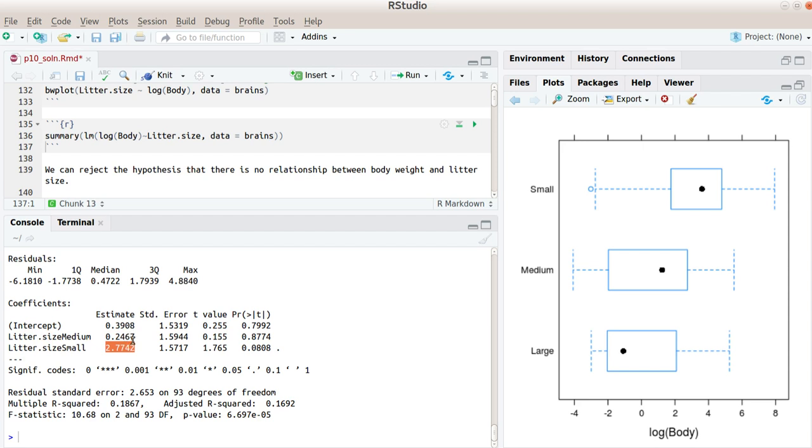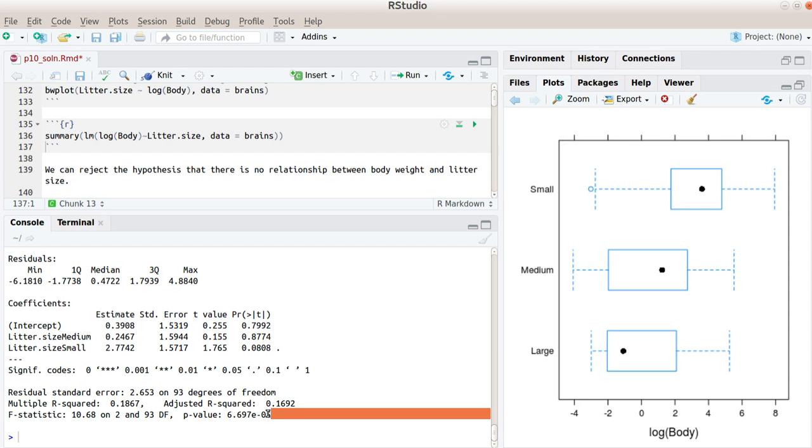So if we pre-register the null hypothesis that both this is 0 and this is 0, we can reject it, which means we can conclude that there is a difference between at least 2 categories. So either this is not 0 or this is not 0. This would be the f-test. The f-test is useful when your null hypothesis is that all the coefficients except the intercept are 0.